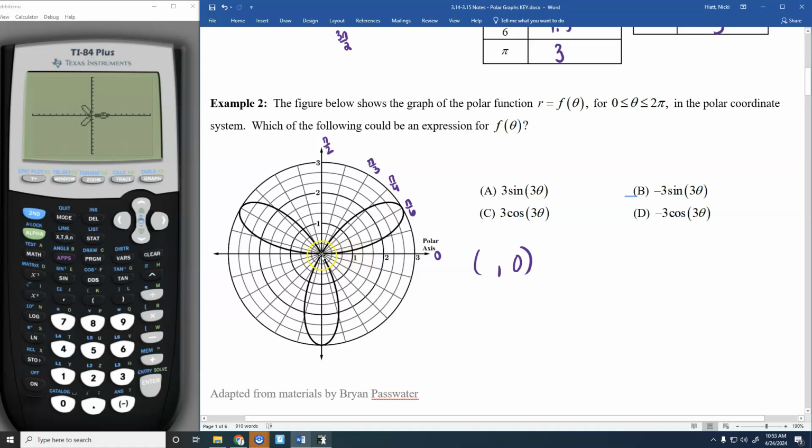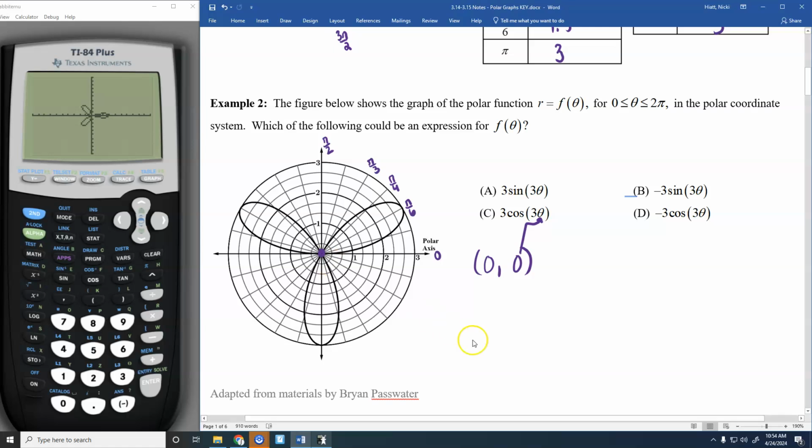It is 0. Because if we follow this line till we hit the graph, you don't hit it till you get right there in the middle, right? So we got the point 0, 0 on this graph, which means if we plug in 0 for that theta, we should get 0, okay?